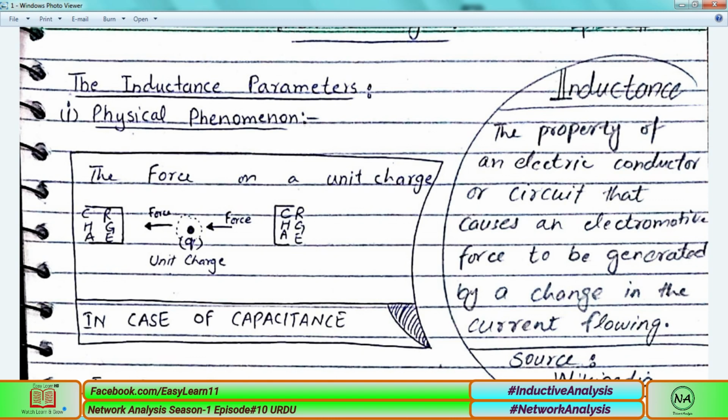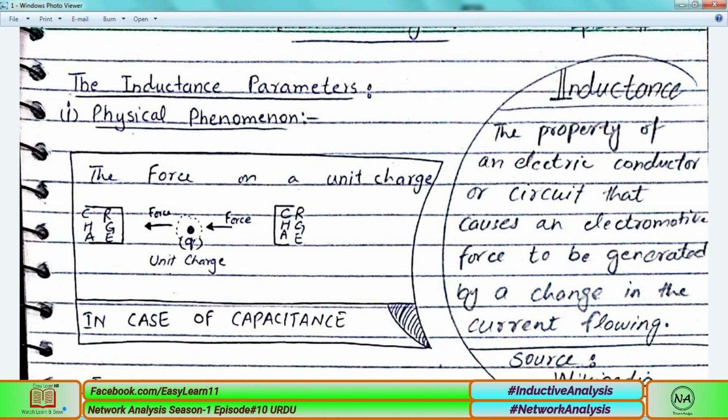Inductance comes to mind whenever we discuss the induction of the electromotive force, meaning something induced is produced or generated in a circuit, in the form of EMF.